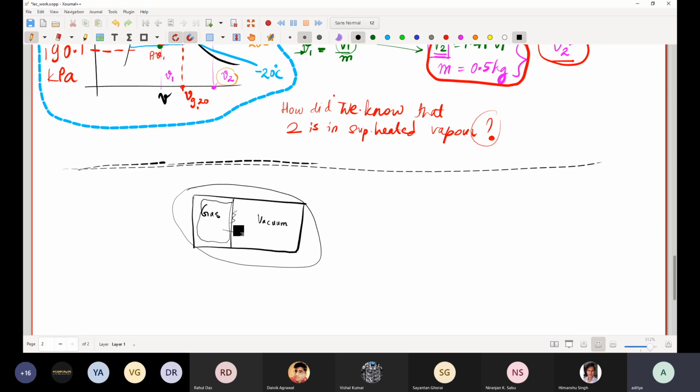The process of the gas filling the vacuum happens very quickly, so it's not a quasi-static process, and it's definitely a process where the back pressure is zero, because vacuum means the pressure is zero. So in such cases you will safely assume that the work done by the gas is zero. Okay, this is just a small thing that I wanted to mention.